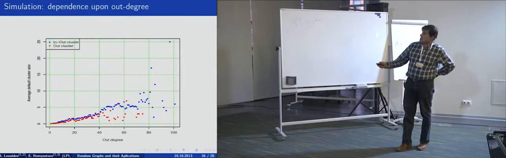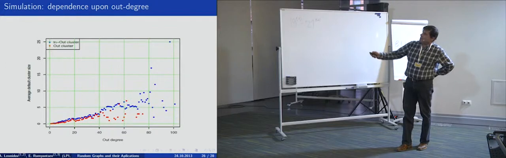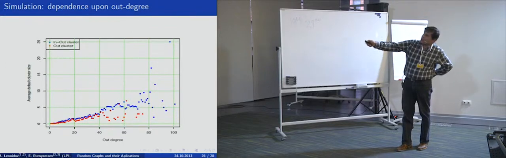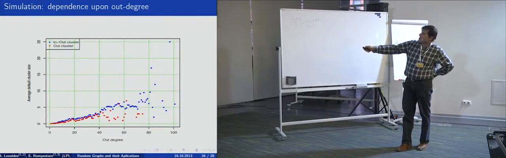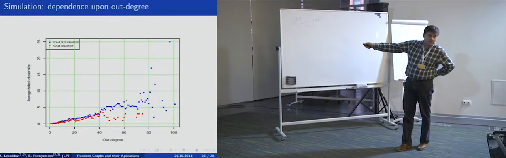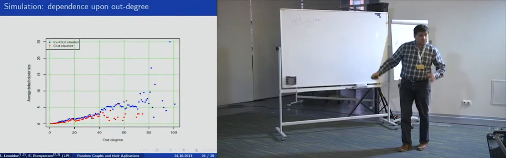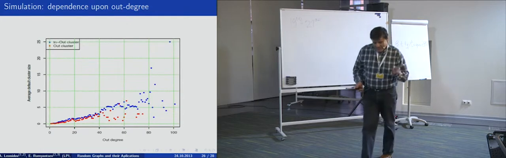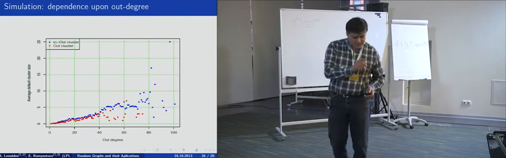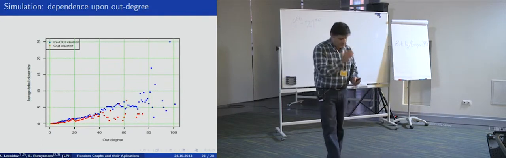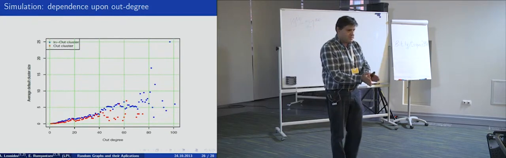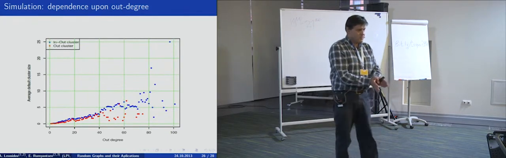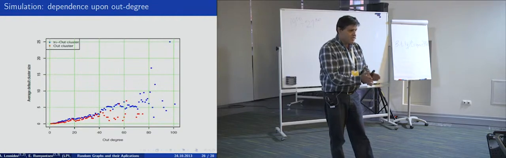You see this dependence, and what you also see here is that something that is coming from the in-out cluster is always superior. So in terms of the contagion process, actually I forgot to mention it at the right place. When you look at the structures that you generate by contagion process, they are always tree-like.